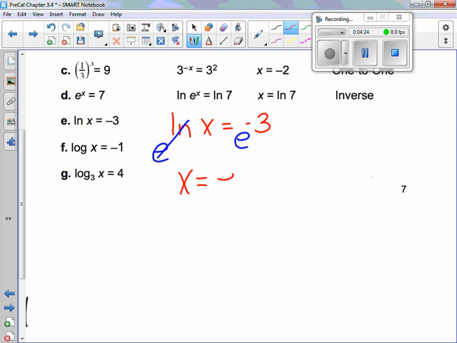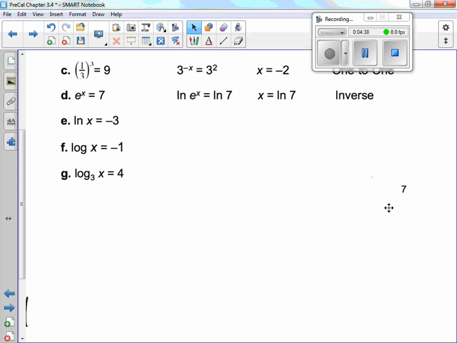So this tells me x is equal to e to the negative 3. That's it. At this point, we could plug it into the calculator and it'd give us a numerical answer. That's all we'd have to do for this here. That should be negative 3. Questions on this here so far?